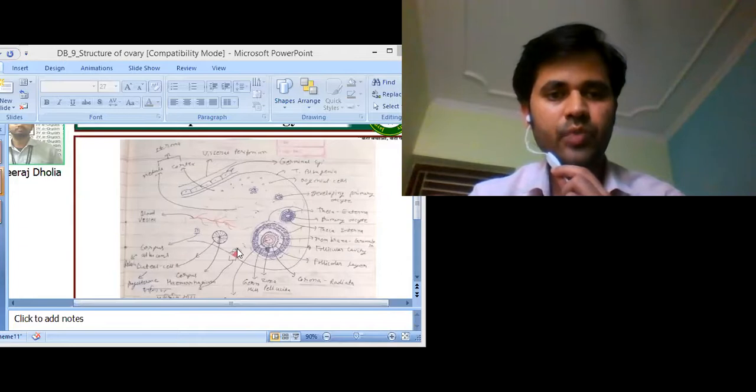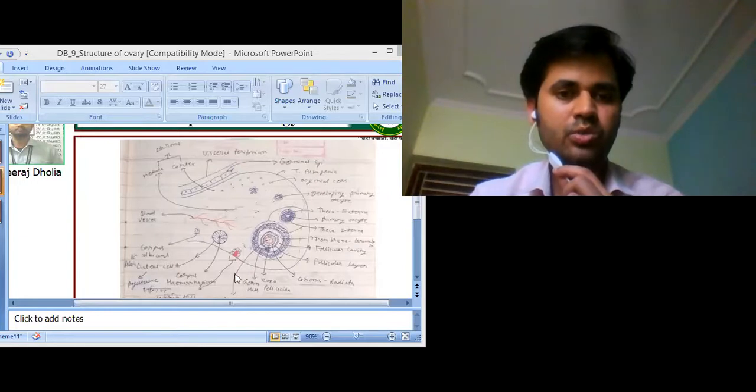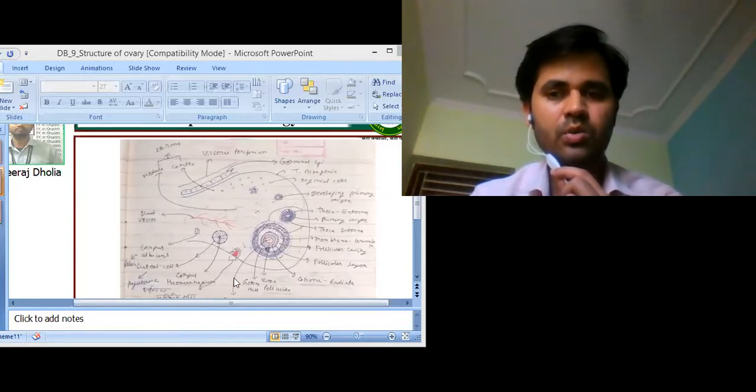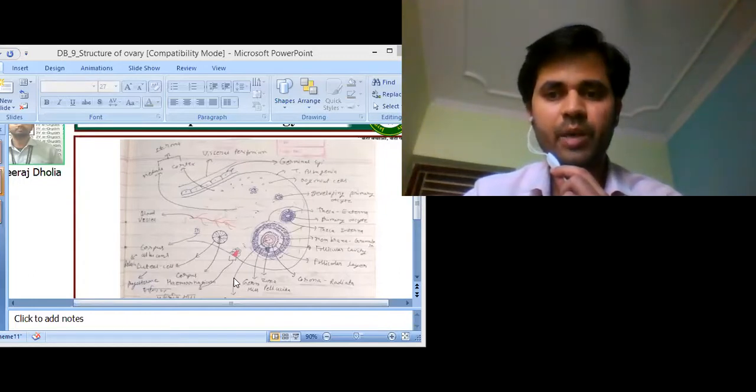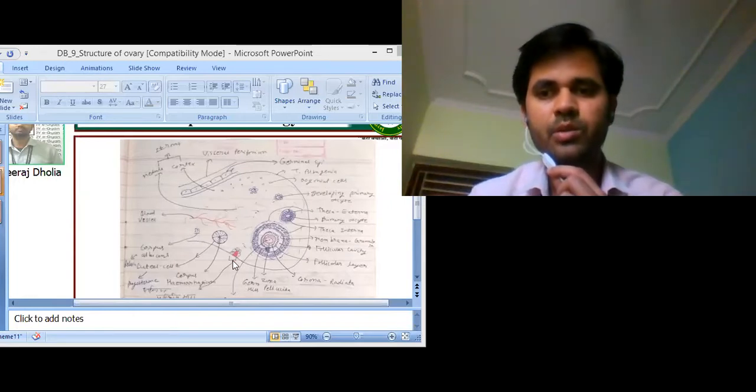If fertilization occurs, this blood clot continues to secrete hormones.